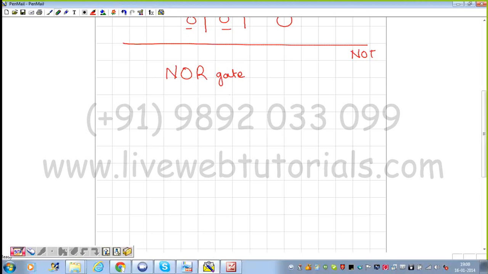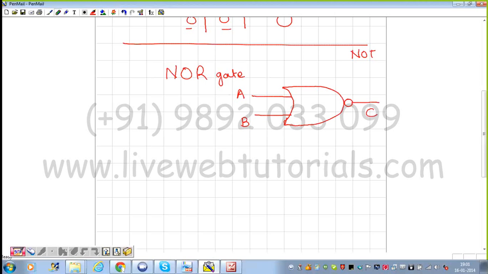First of all, the symbol is very similar except that NOT part which comes. These are your input terminals. This is the NOT part, and this is your output terminal.